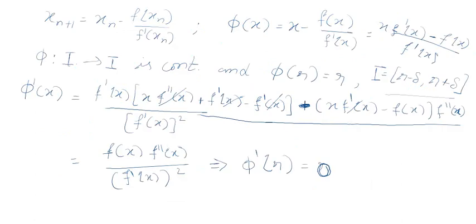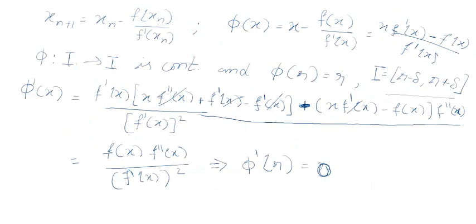Now, for mod of phi dash of x less than 1, if you impose this condition, then you can apply the Picard fixed point theorem, which says that this is your maximum, okay.